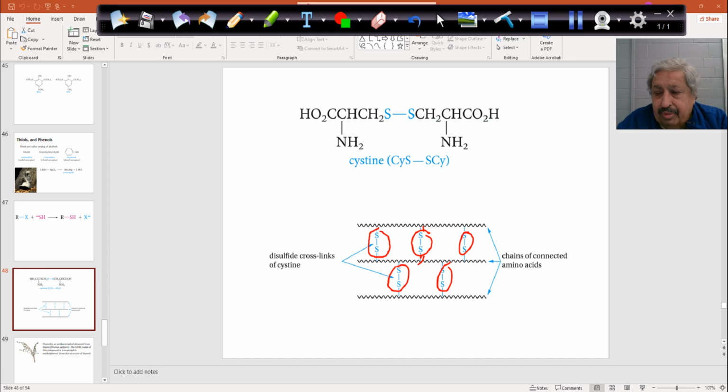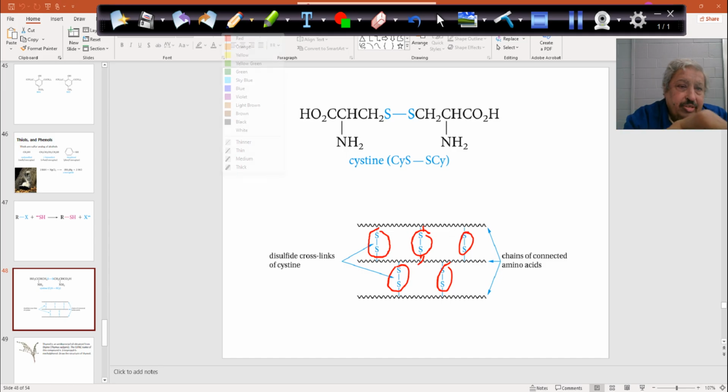We can transfer this to hormones. Hormones and enzymes are produced in the liver. Those sulfur bridges are called bridges because they bridge between chains, and they act like stabilizing the structure.